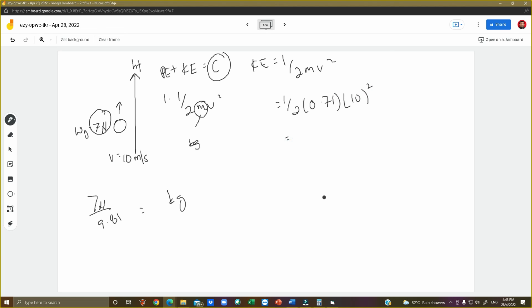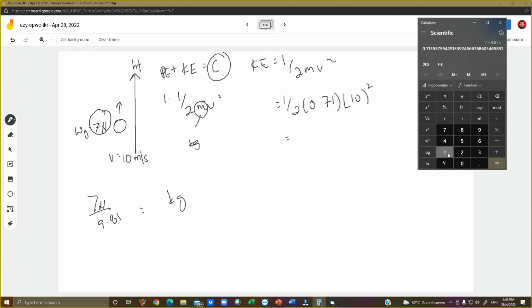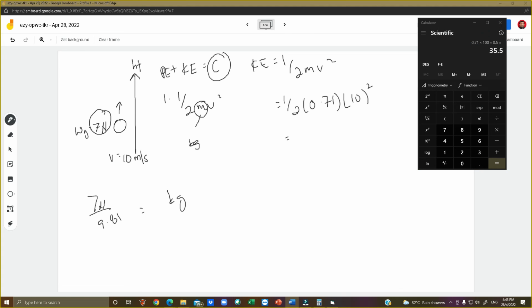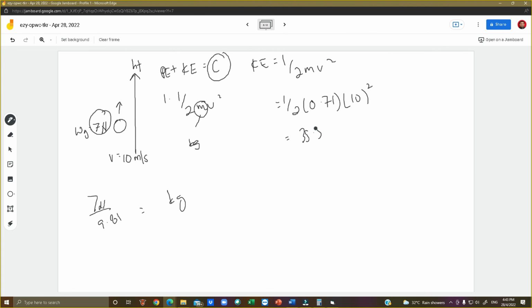Berapa kita dapat tu? 0.71 kali dengan 100 kali dengan 0.5, 35.5 joules. Ni C value dia.